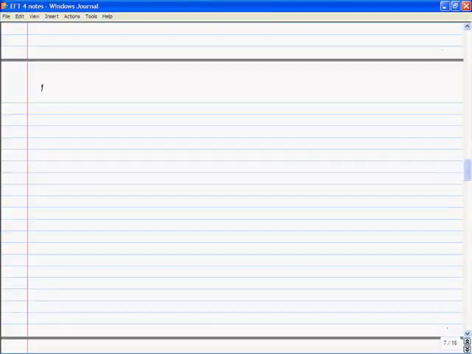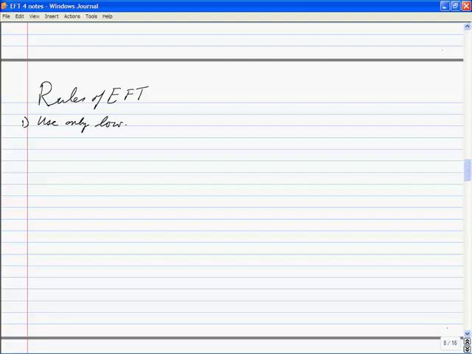Okay, so here are the rules of effective field theory. Systematically, how do you proceed? You use only the low energy degrees of freedom, which in the example were the pions, not the heavy particles.